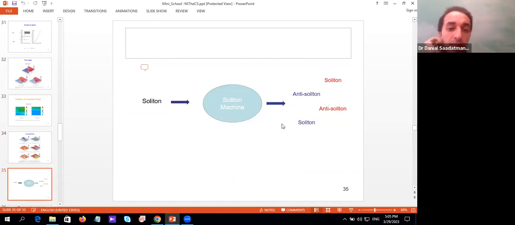Here, in fact, we introduced a machine, and such a machine produces a number of solitons and anti-solitons. We sent one soliton from one side, and after the interaction, many solitons and anti-solitons can be created.